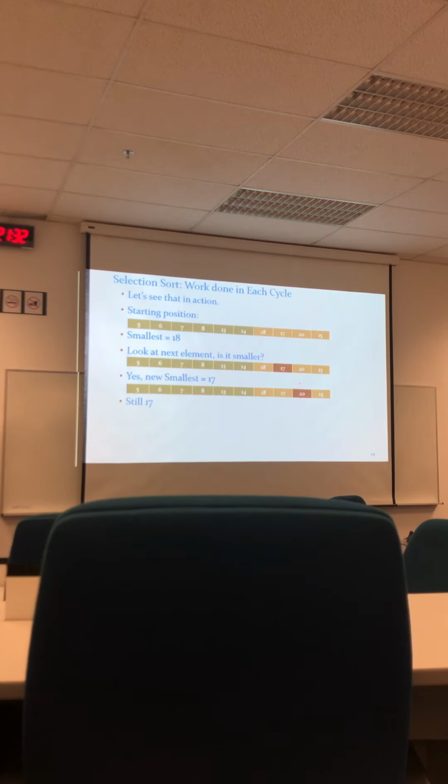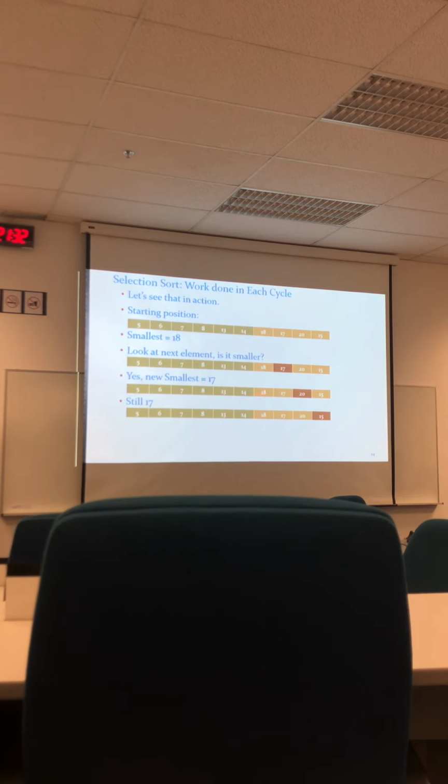Next one is 20, right? 20 is larger than the current smallest. So if the array element is larger, that means you don't need to update the smallest. The current smallest remains unchanged, still 17.